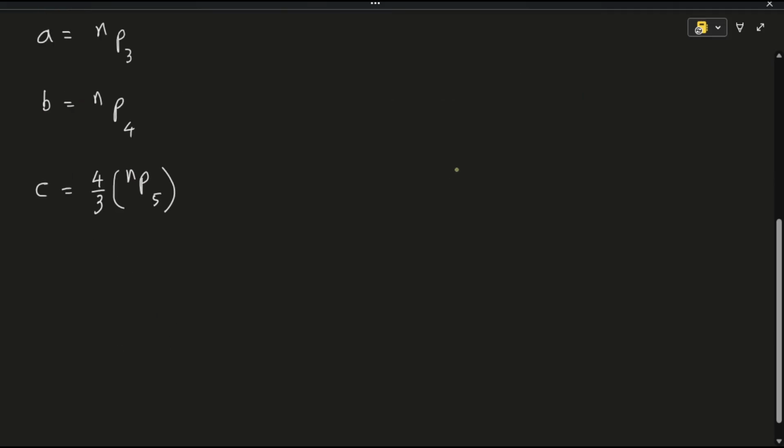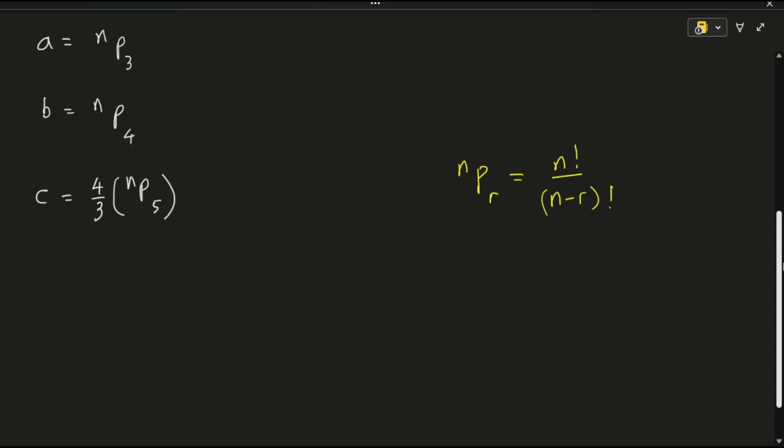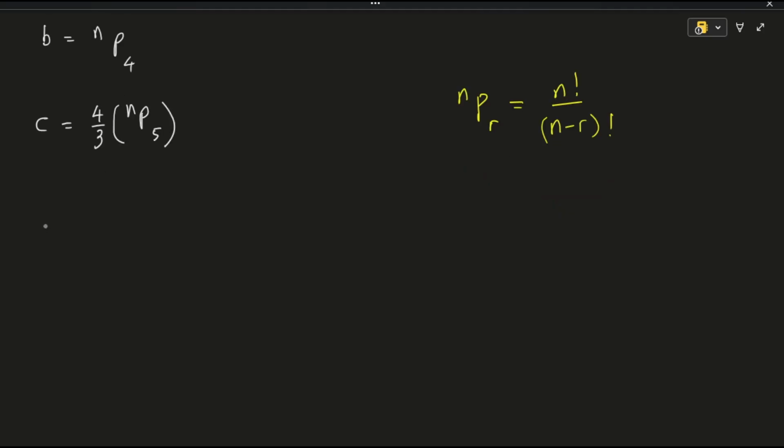Now, with permutation, n permutation r can be expressed as n factorial over n minus r factorial. So we're going to simplify each of these terms. If we have n permutation 3, we can rewrite it as n factorial over n minus 3 factorial.